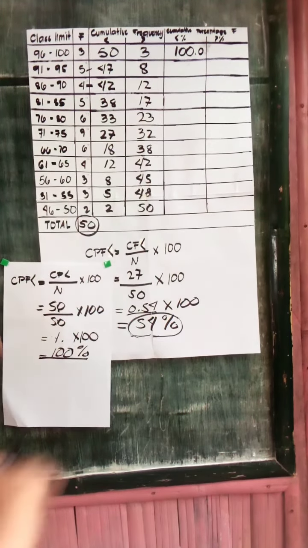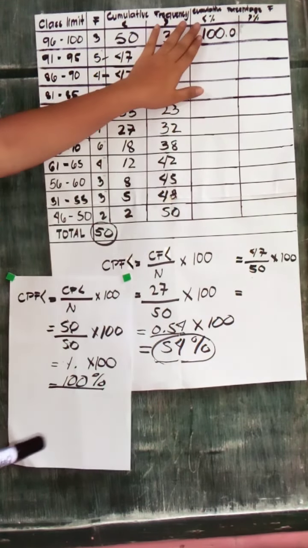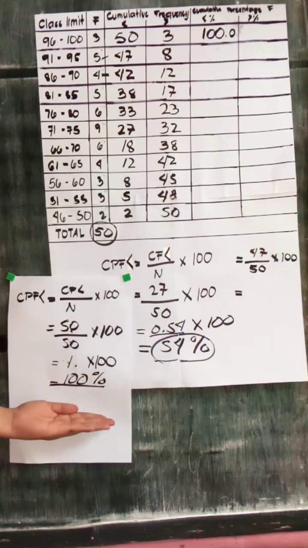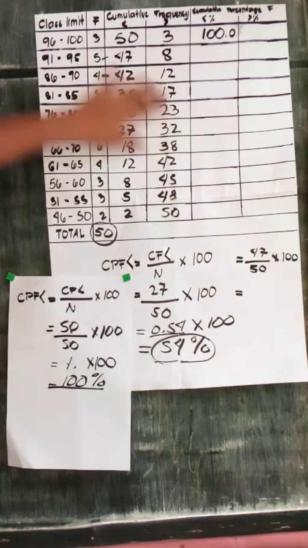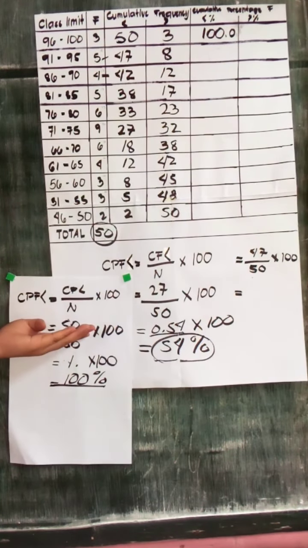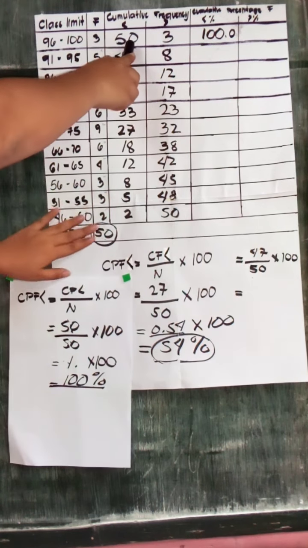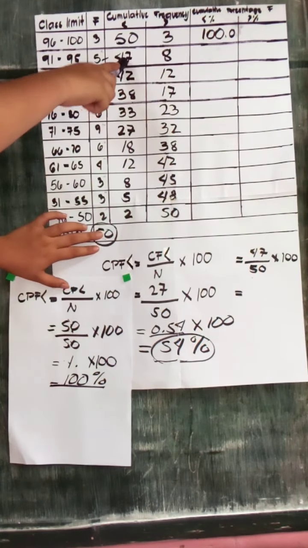To get the cumulative percentage frequency lesser than in the second row, we will divide the cumulative frequency lesser than by the number of cases, which is 50, and times 100.